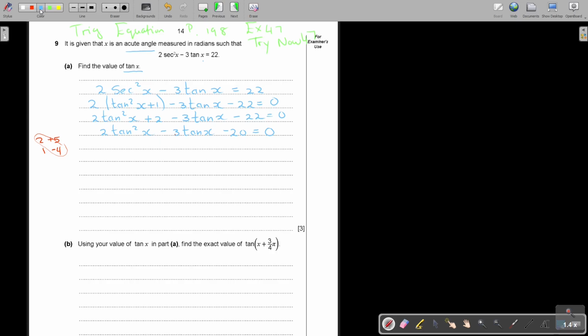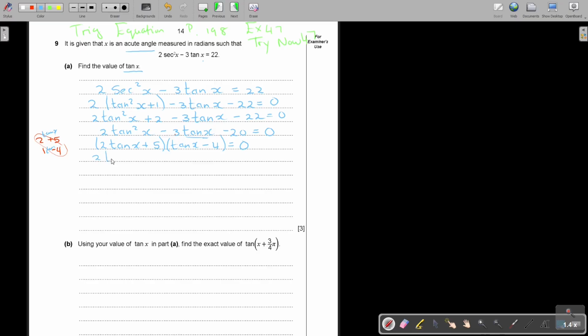So I will have 2 tan x plus 5, and tan x minus 4 is equal to 0.